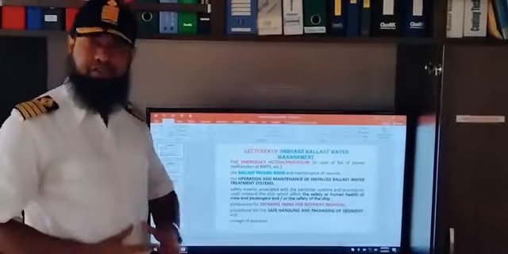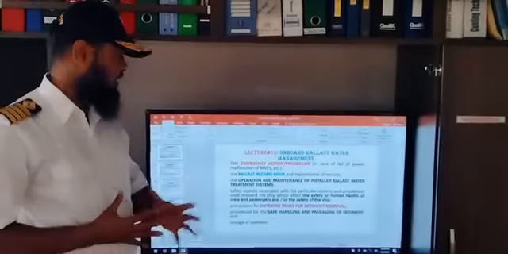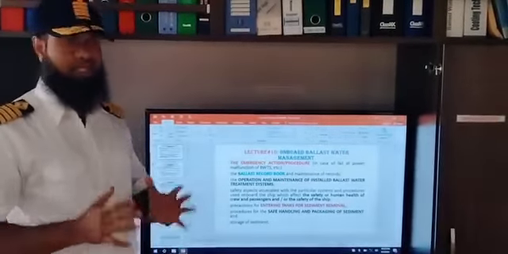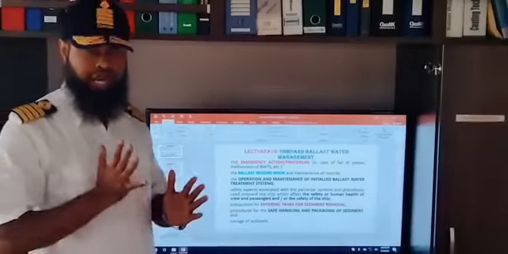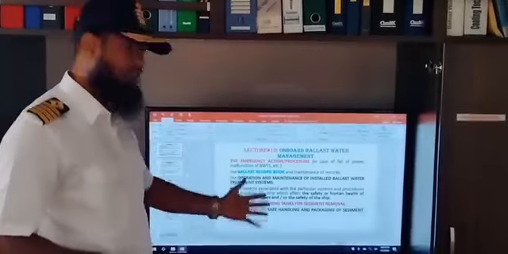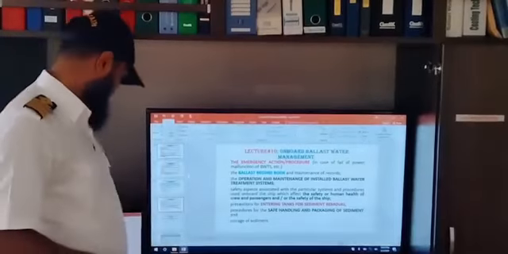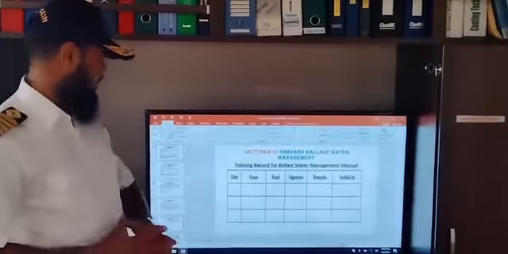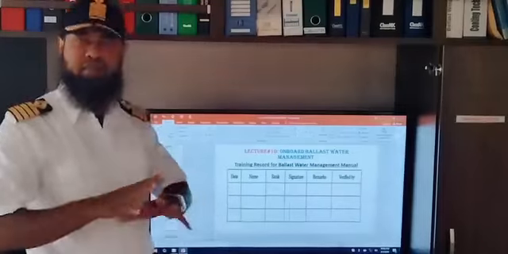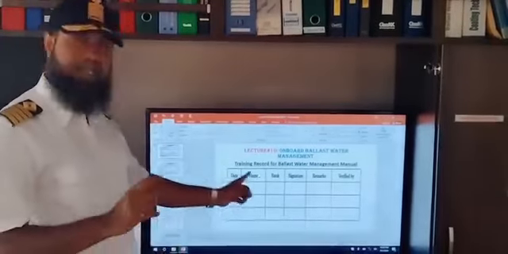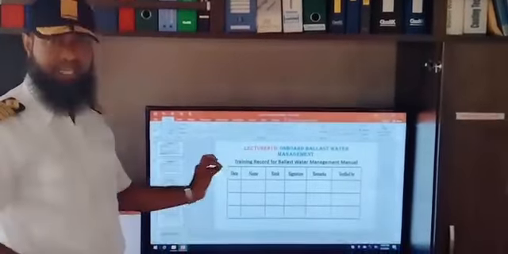And if the sediment removal procedure is to be followed, then what will be the procedure for entering the enclosed space, the water ballast tank, for collecting or removing sediments, and so on. So after giving the training or familiarization, normally this form needs to be filled up accordingly.